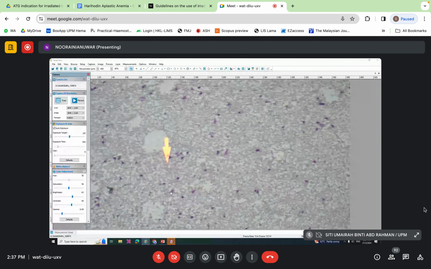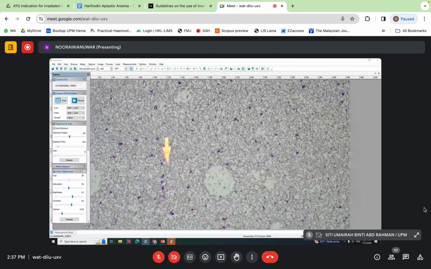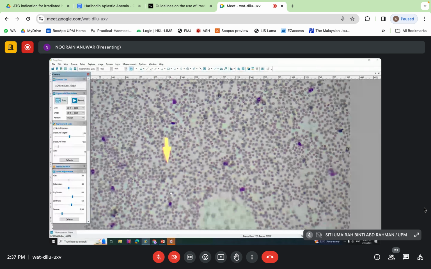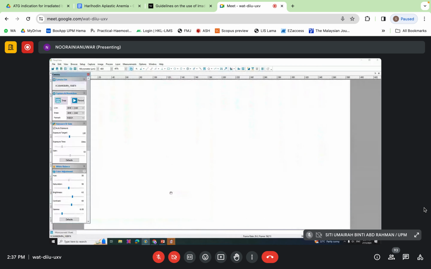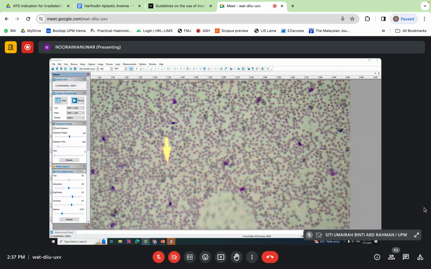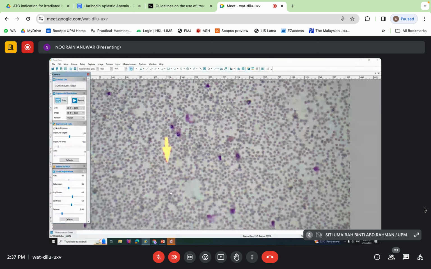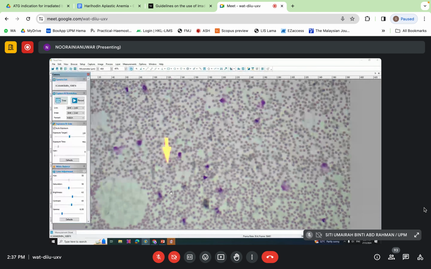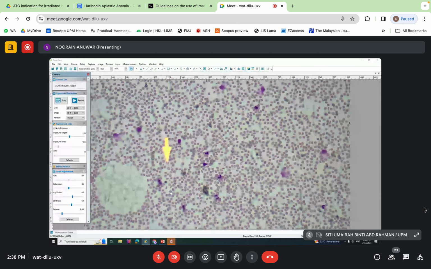So this is the peripheral blood film that we got. Under low power view, we can see the red cell morphology is hypochromic microcytic red cells with a bit of anisopoikilocytosis, with presence of elliptocytes. When we view the WBC, we can appreciate an increase in WBC with absolute lymphocytosis, and morphologically the lymphocytosis is composed of mature-looking lymphocytes.